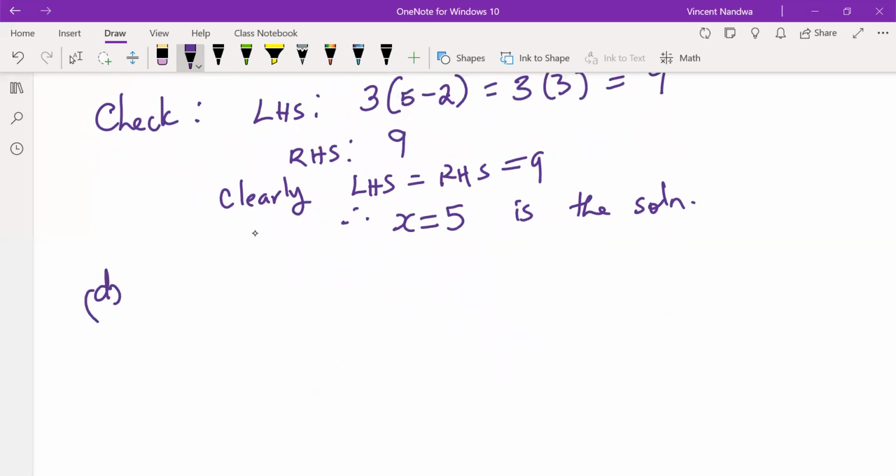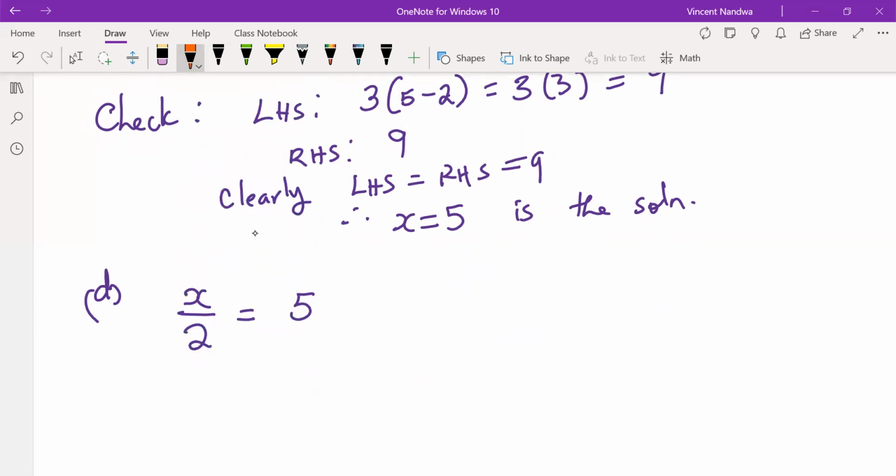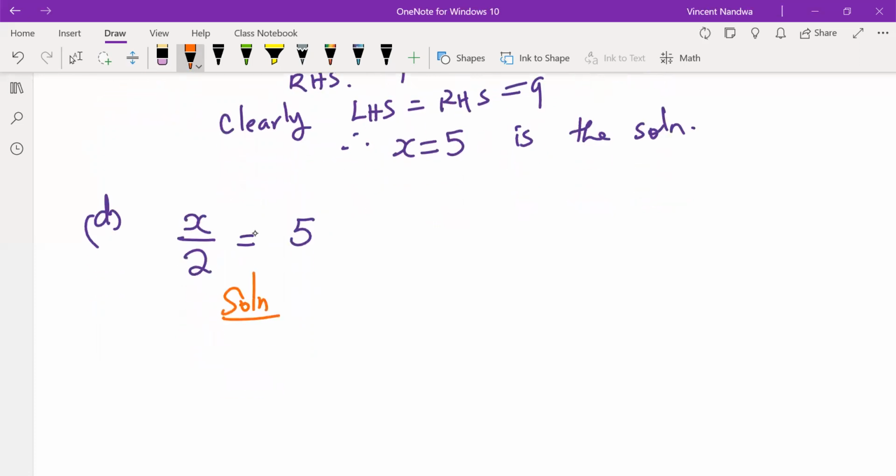D, x over 2 is equals to 5. So to solve this, first we multiply both sides by 2. We'll have x equals to 10.